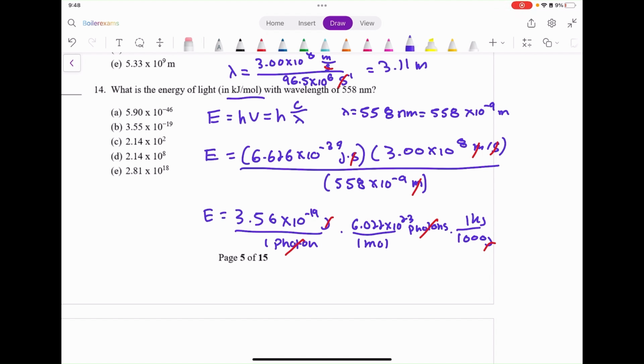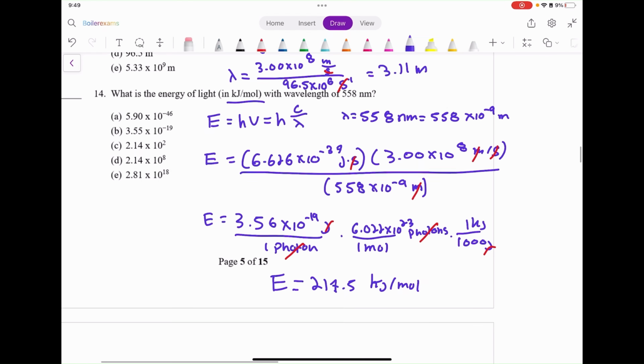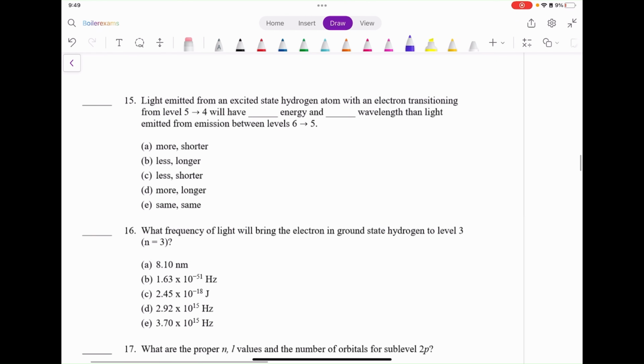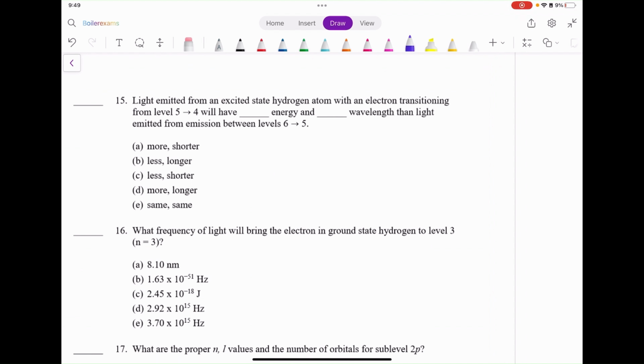So take the energy from last time, times Avogadro's, divided by 1,000. I get that the energy in kilojoules per mole is 214.5. Okay, 214.5 looks like that one, right? 14C, nice.